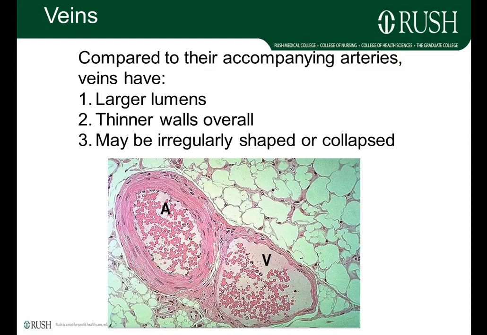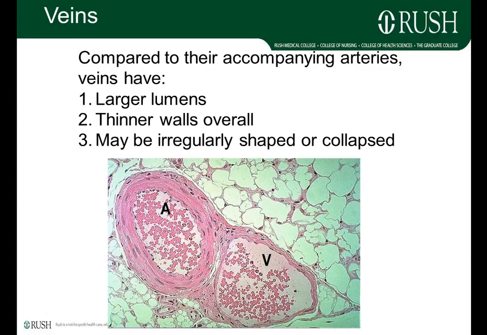The venous side of the circulation differs in several ways from the arterial side. If you have a vein and an artery side by side, there's some clear differences between them. In general, veins have larger lumens, thinner walls overall, and oftentimes the lumens can be irregularly shaped or appear to be collapsed.